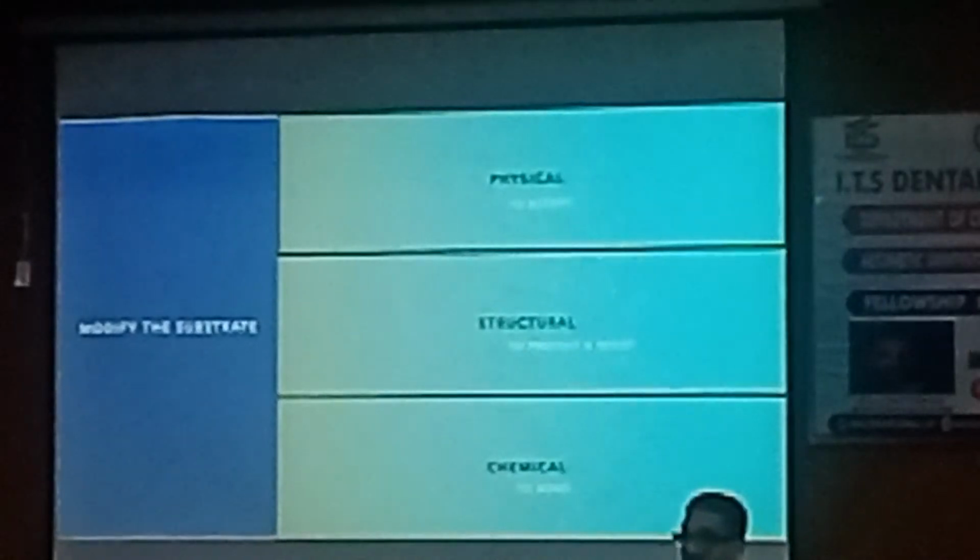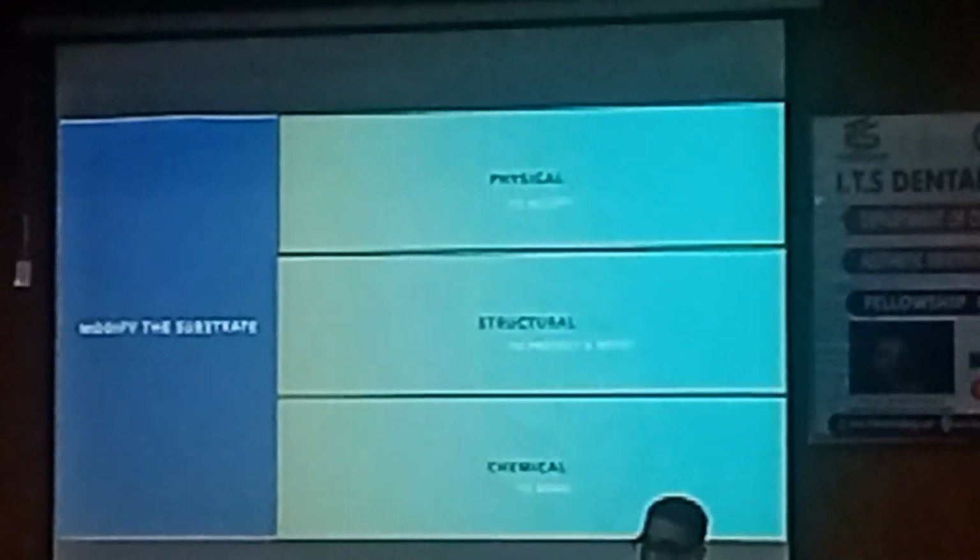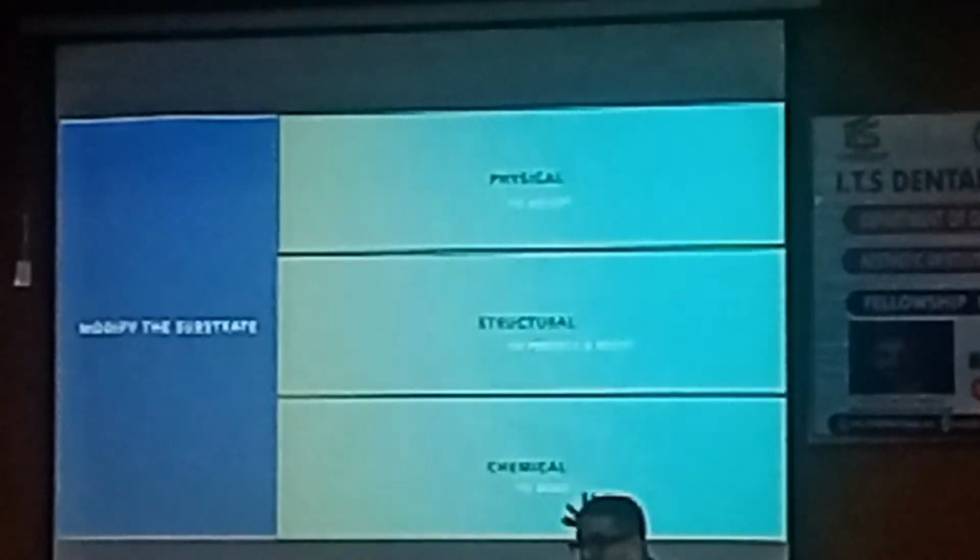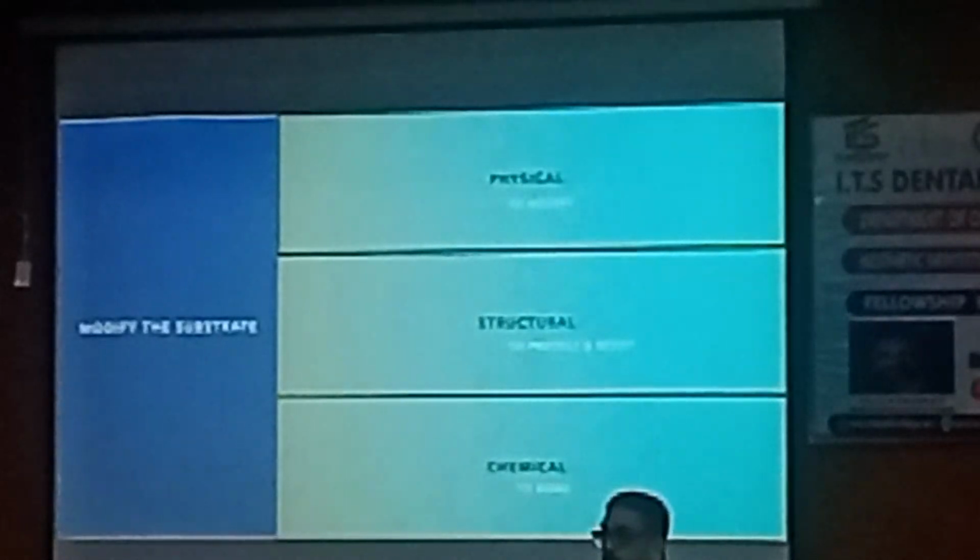So this is how the substrate works. Now, the second part, as I told you, is modifying the substrate. Why should I modify the substrate? Yes, you have to modify because it has to receive something and it has to support something. The first part is physical, that is to accept, which means the tooth has caries. You have to know how you are going to remove the caries. Why?